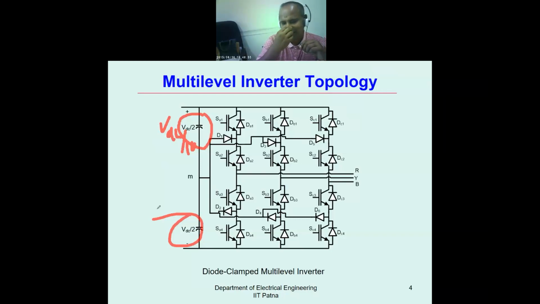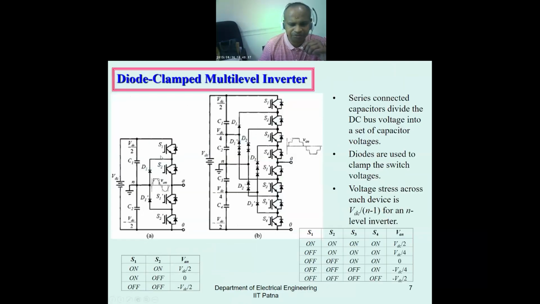When you go for hardware, you will see that this DC will charge very high or sometimes very low, and this will also charge very high and very low. So the balancing of these two capacitors is a very important factor today. That is another problem, and we are not going into detail on that one.